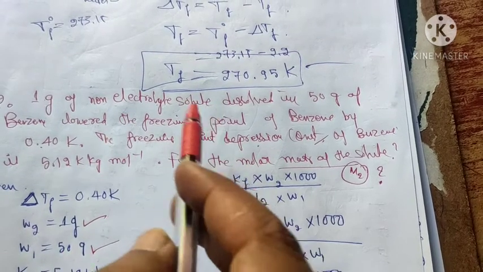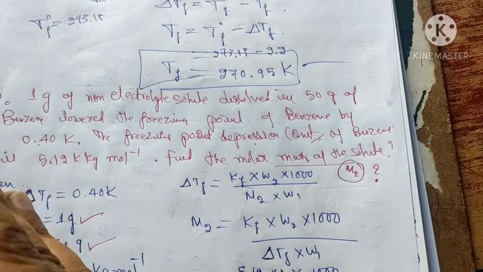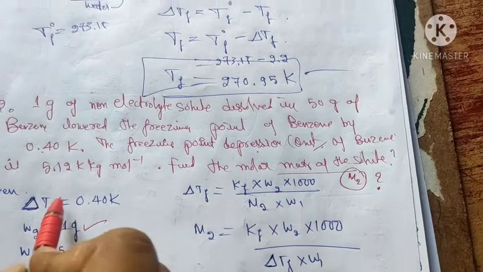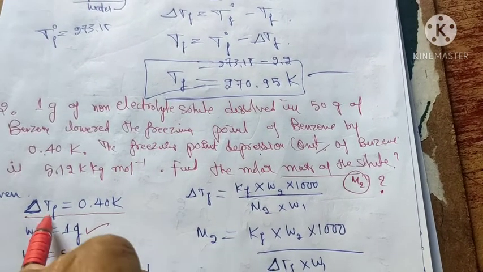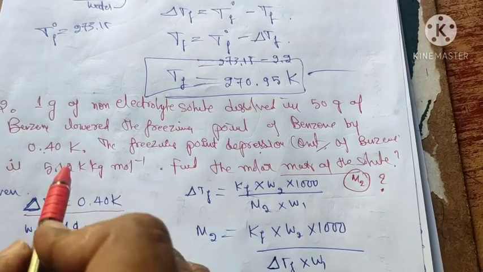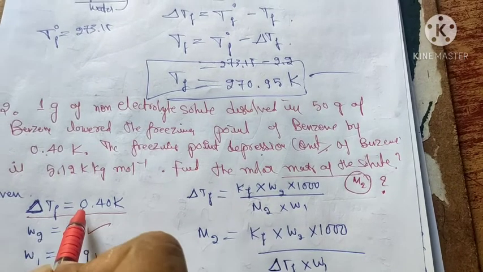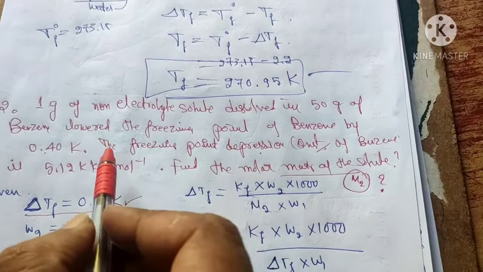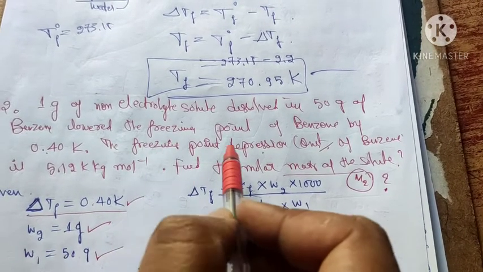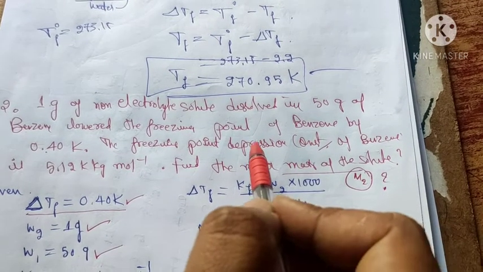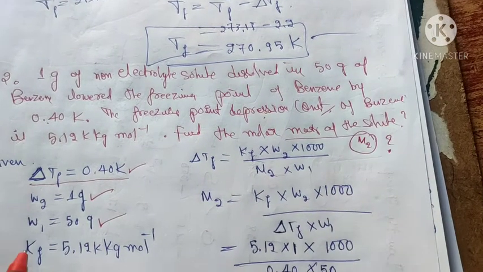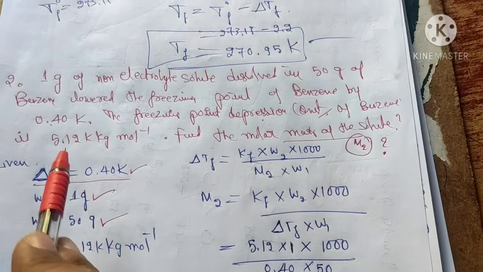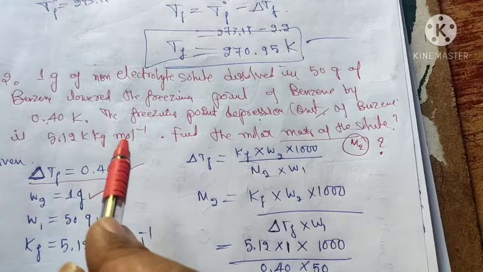Lowered the freezing point of benzene means this is given delta TF, 0.40 Kelvin. And one more point is the freezing point depression constant, it is KF, 5.12 Kelvin kg per mole.